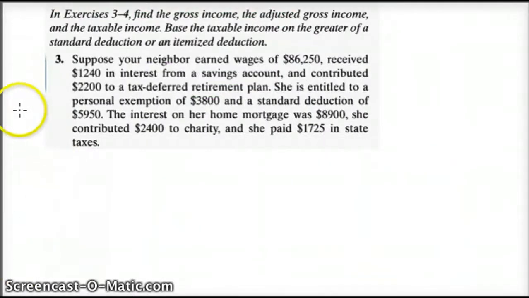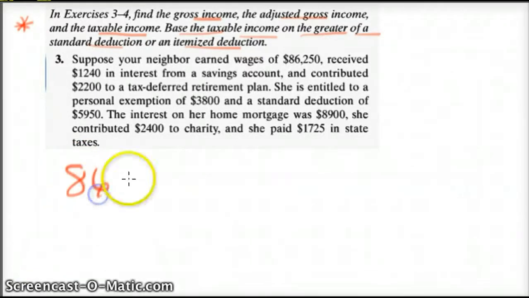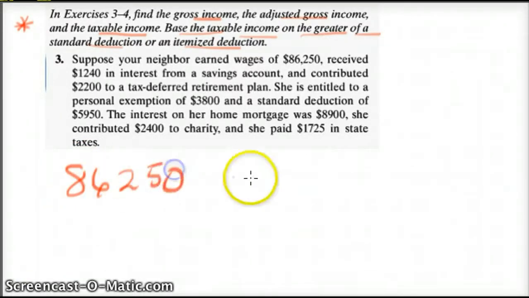Okay, now we have a problem. This problem says find the gross income, the AGI, the taxable income. Base the taxable income on the greater of a standard deduction or itemized deduction. In these problems, you're slowly doing more, so you're not overwhelmed. Suppose your neighbor earned $86,250.